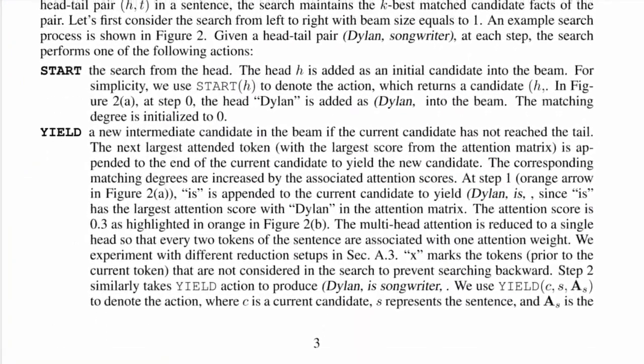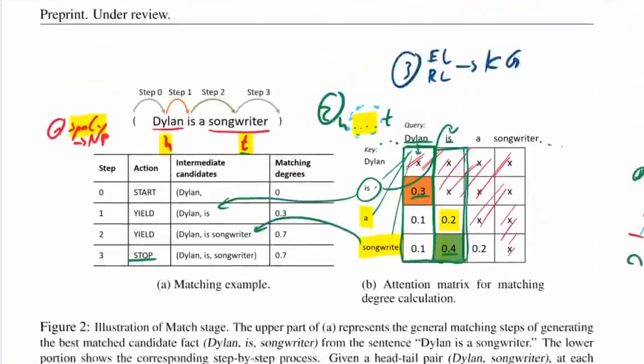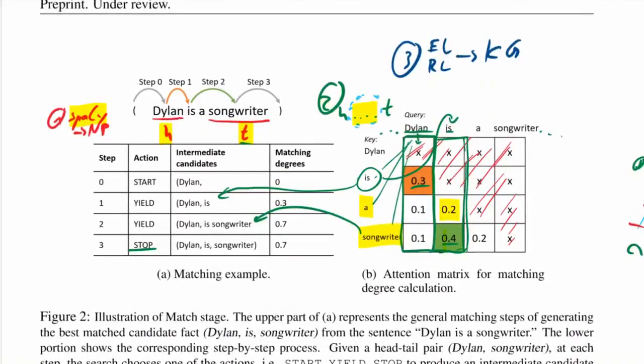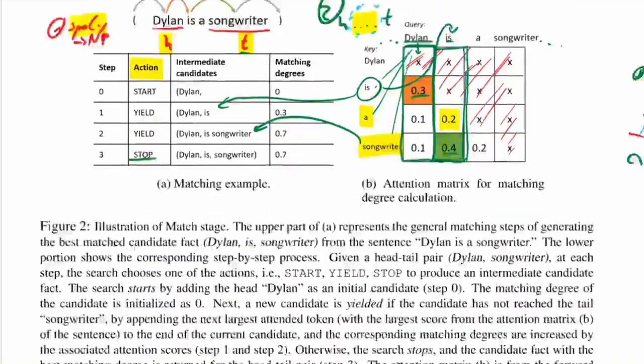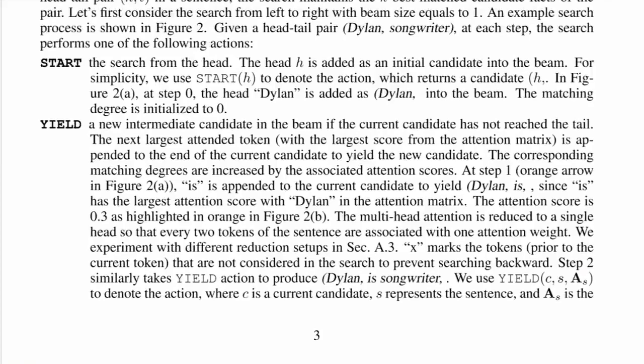It's described here, but it's kind of described in this way where it has these actions like start, yield, and so on. Maybe I'm not understanding something, but it seems completely unnecessary to describe these actions. It basically says start the search from the head. The head is added as the initial candidate and so on.